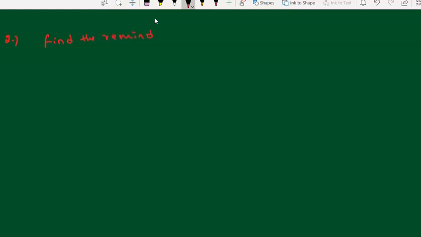Find the remainder when a polynomial x cube minus ax square plus 6x minus a is divided by x minus a. Here same thing.